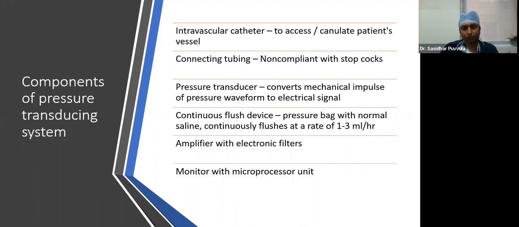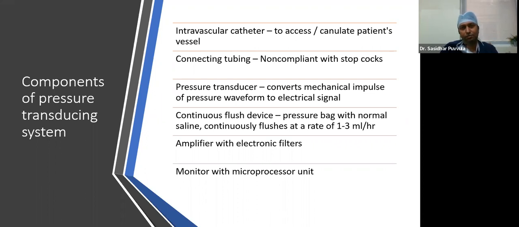Coming to the transducers, this pressure transducer is the heart of any pressure transducing system or pressure monitoring system. It converts the mechanical energy of the waveform that reaches it into an electrical signal. And we also have a continuous flush device, that is your pressure bag with normal saline, which continuously flushes the system at a rate of 1 to 3 ml per hour.